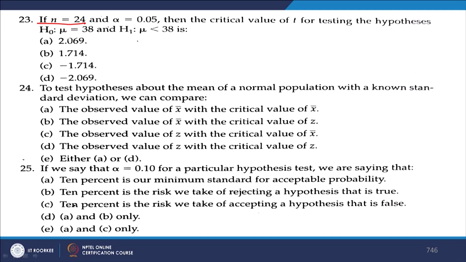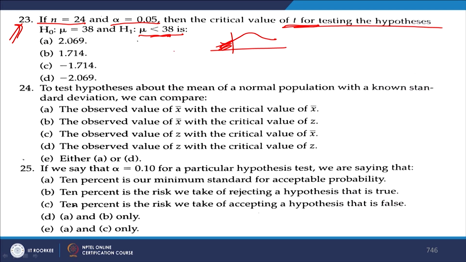If n is equal to, let us say, 24, alpha is equal to 0.05, what is the critical value of t for testing a hypothesis of the less than type, right. So, this is a case of a left tail test where n is equal to 24. So, what would be the t value? To answer this question, you need to refer to the t table. At what degrees of freedom should you be looking?